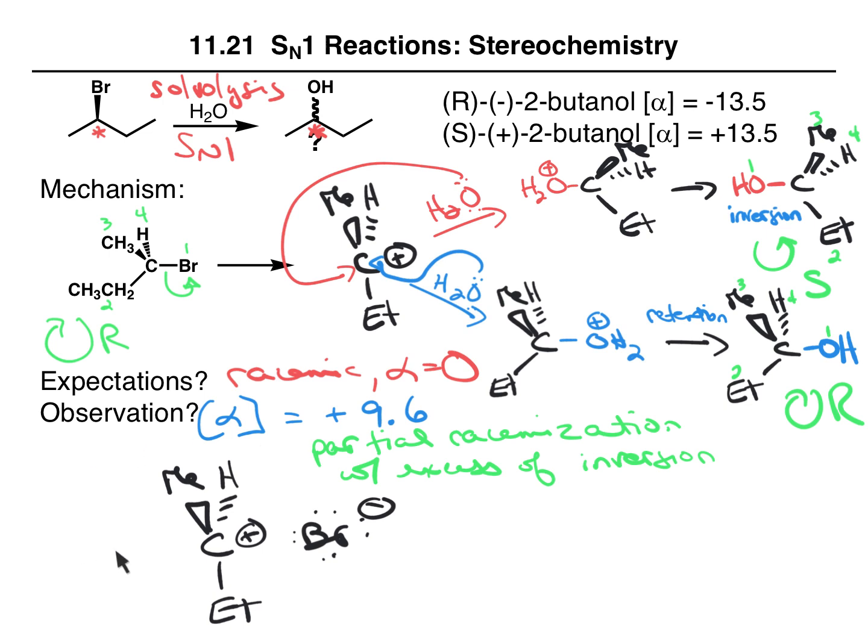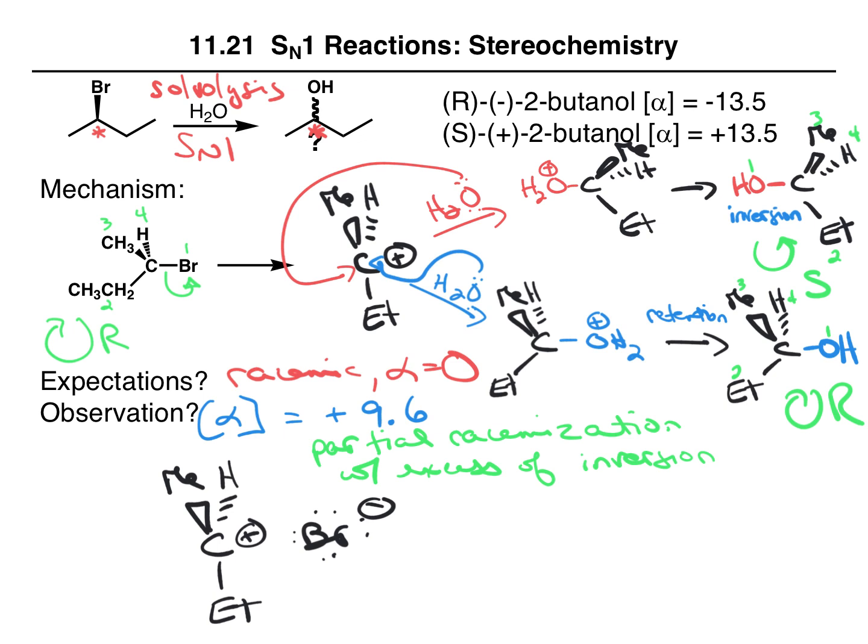And so it's easier for the nucleophile to add from the opposite face, leading to inversion. It's a little bit harder for the nucleophile to add to the same face where the leaving group just left, and therefore we will have less of the retention. So the leaving group partially blocks one face of the carbocation.